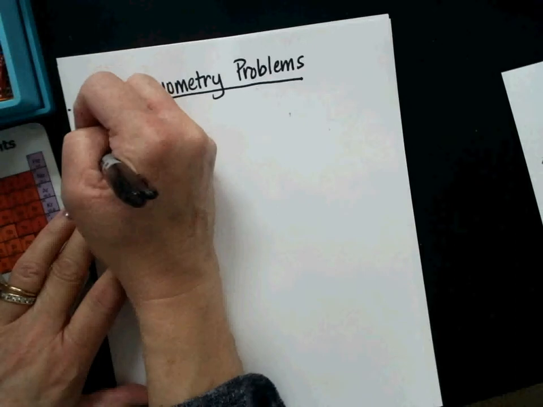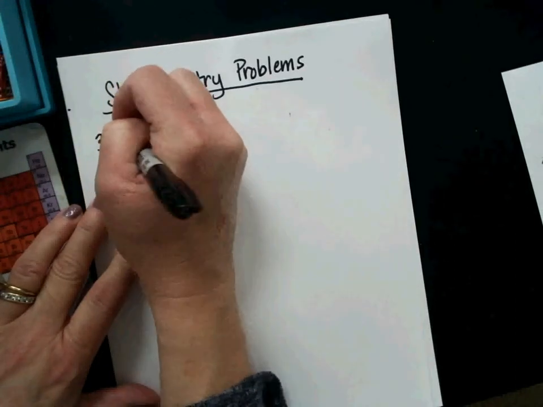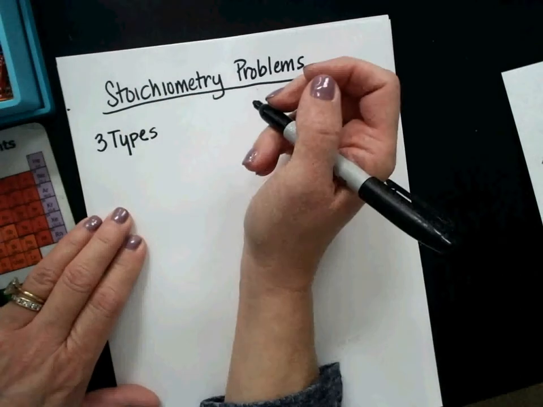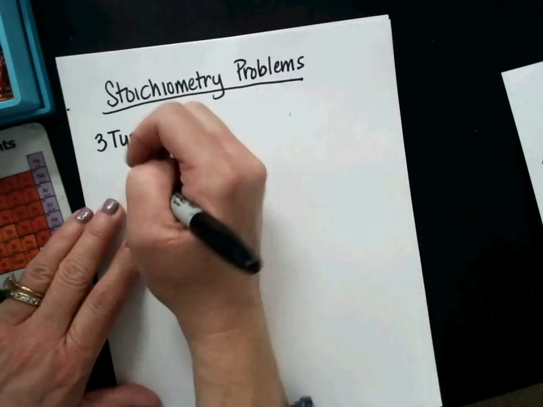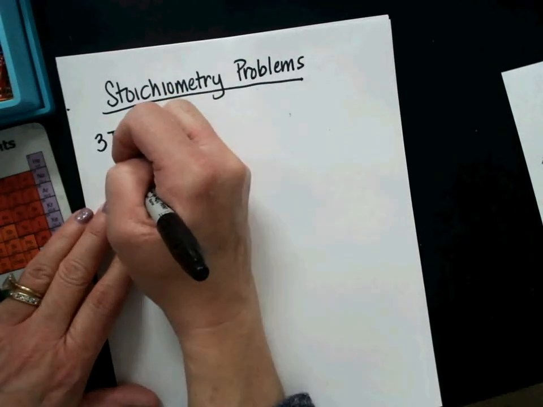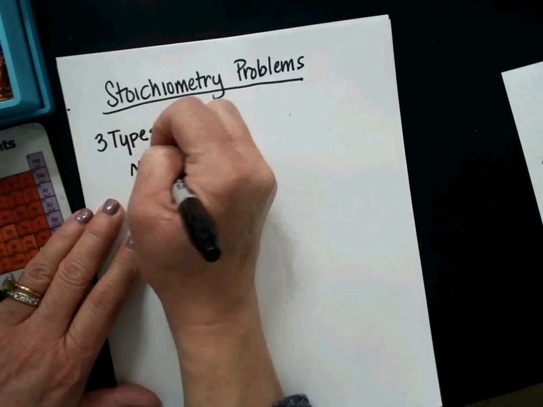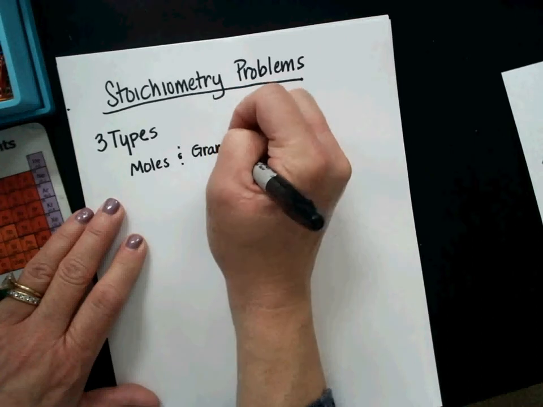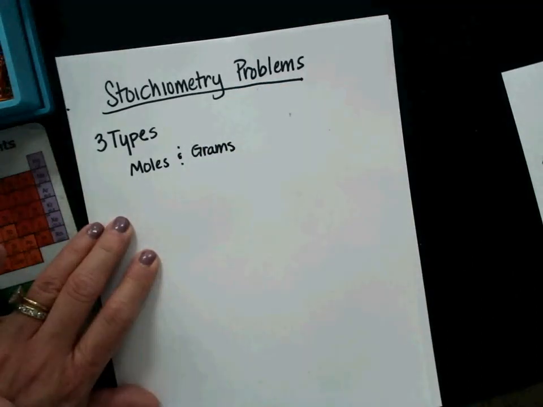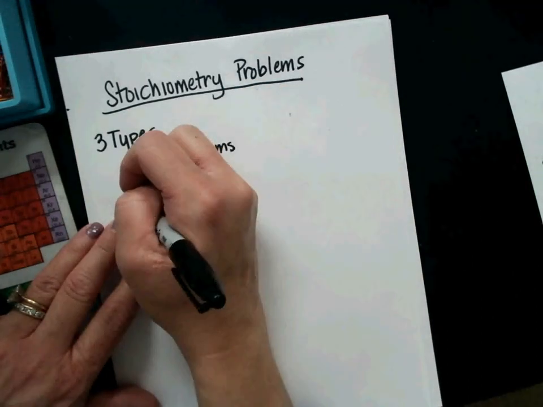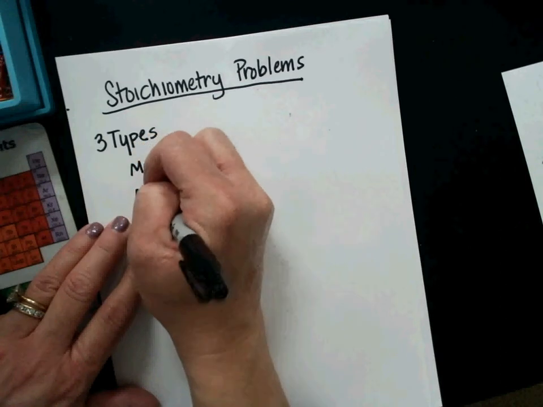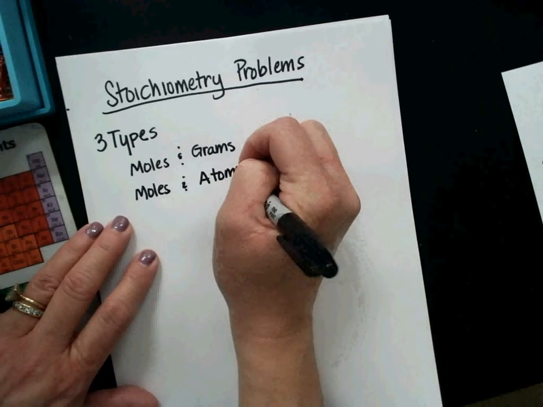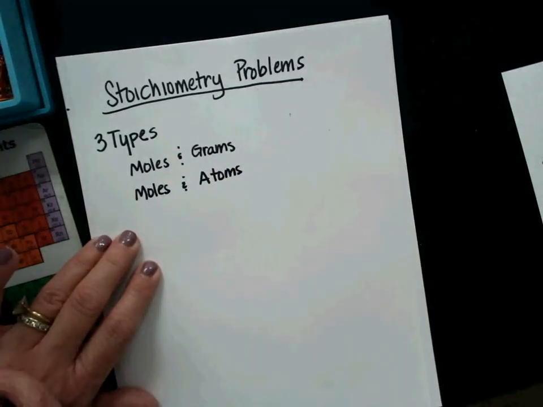So basically there are 3 types. One includes moles and grams. Two, I should say, moles and atoms.